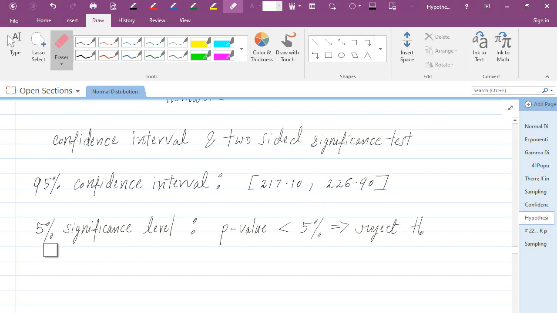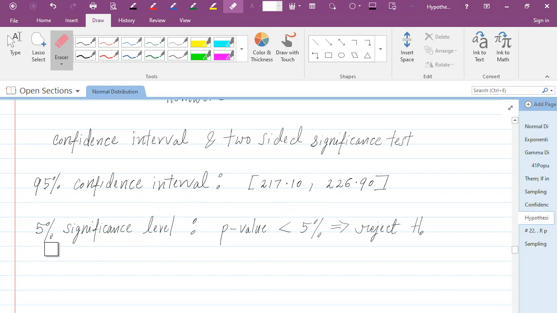And for the 5% significance level, we found a p-value that was less than 5%, so we rejected the null hypothesis. So the hypothesis test that we are doing with 5% significance level, we could also do by using a 95% confidence interval. And if the claimed mean isn't there, that means we reject the null hypothesis.